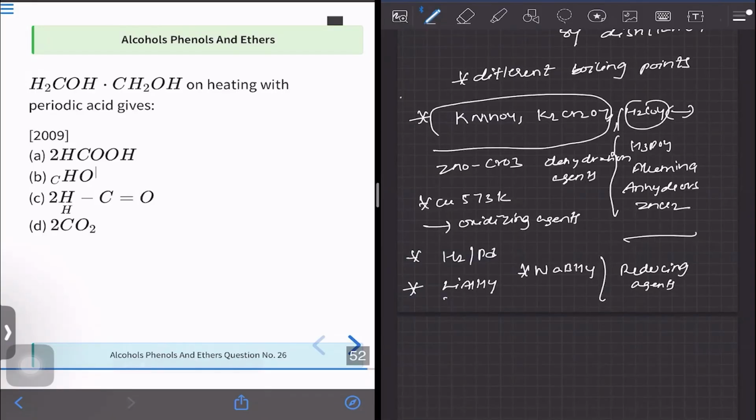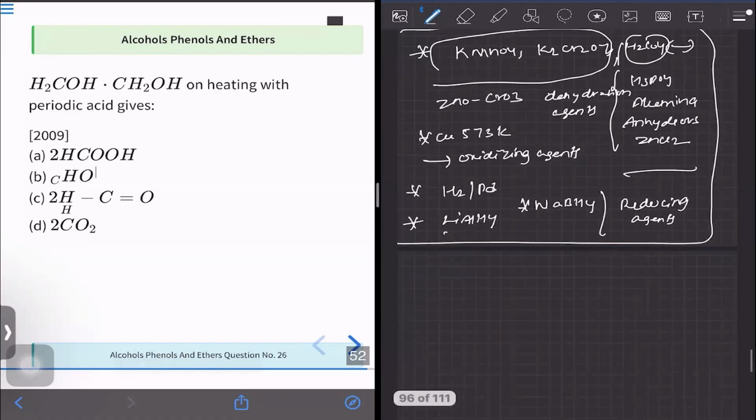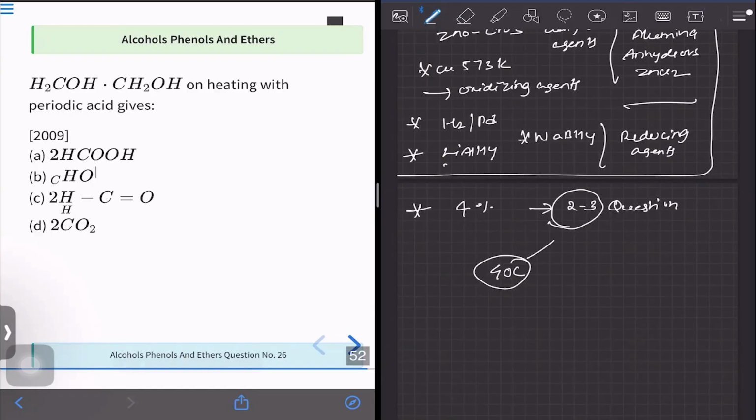Please remember these many reagents in the alcohol and phenol chapter. See, the weightage of this chapter is about 4%, so we get around 2 to 3 questions. For attempting 2 to 3 questions, you have to be thorough in GOC. Then only will you be able to solve them.